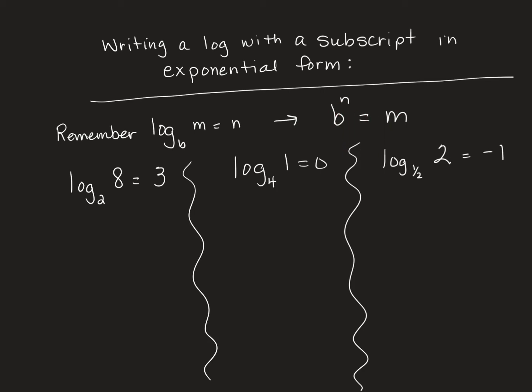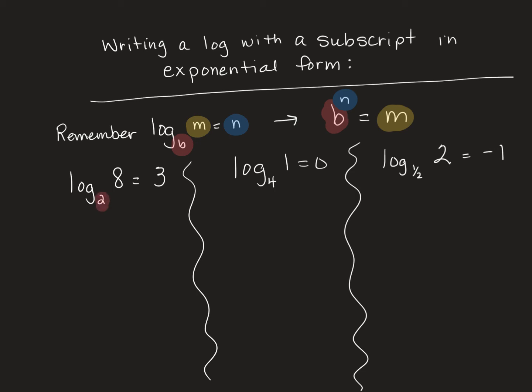All right, so let's highlight some things. This is my base, and this is where my base goes. This is my exponent. This is where my exponent goes. This is the number next to log. This is where the number next to log goes. All right, so let's highlight the first one.